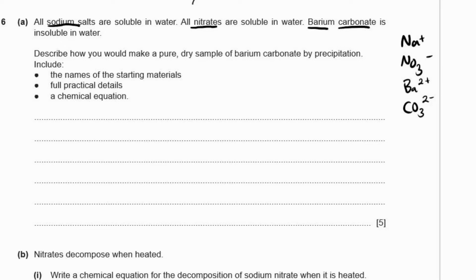Okay, so let's start out with the chemical equation. We have to end with barium carbonate. It's basically barium has to swap its partner with sodium. So we have to have sodium carbonate to start with, and sodium is Na+, mixing with a carbonate, 2-, so we swap the 2- and the plus, so it's Na2CO3.